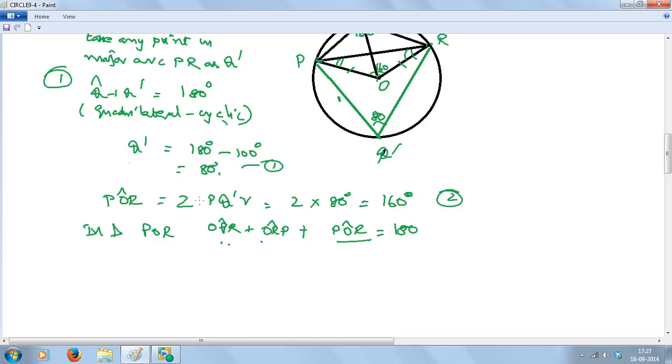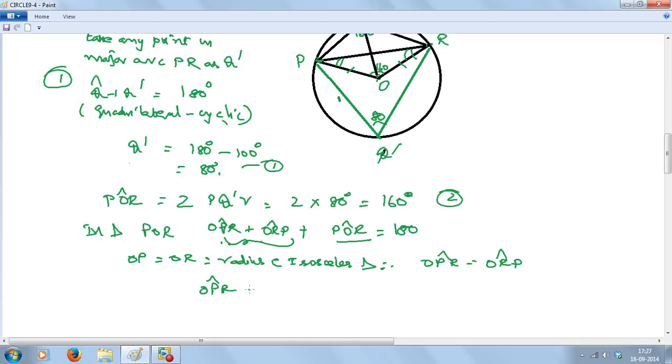In triangle POR, OP is equal to OR, equal to the radius. So it is an isosceles triangle, that is, the two angles OPR and ORP are equal. So now angle OPR plus angle ORP plus 160 degrees is equal to 180 degrees.